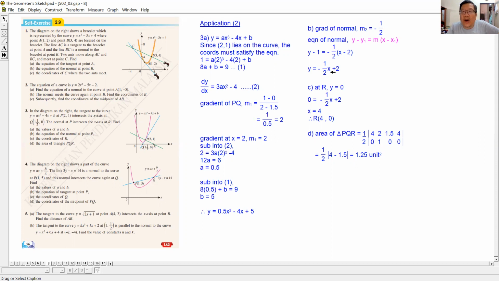So I substitute y equals 0 into the equation of normal because R lies on the normal. Then I found out x equals 4. So x equals 4, y equals 0. So the point R is (4, 0).